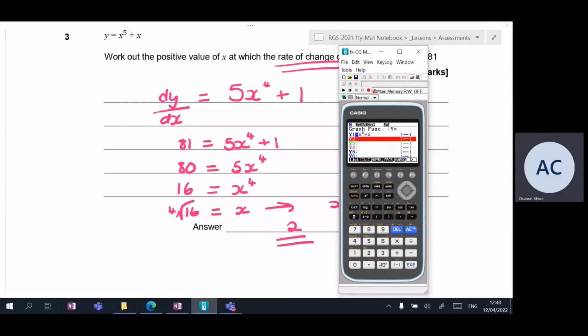If you go down to the second y graph and press options, you can get options for calculus. If you go to calculus, we want the differential. What I'm going to do is draw the graph of the gradient function. So I want the differential of the first graph, y1, at all values of x, so x equals x.